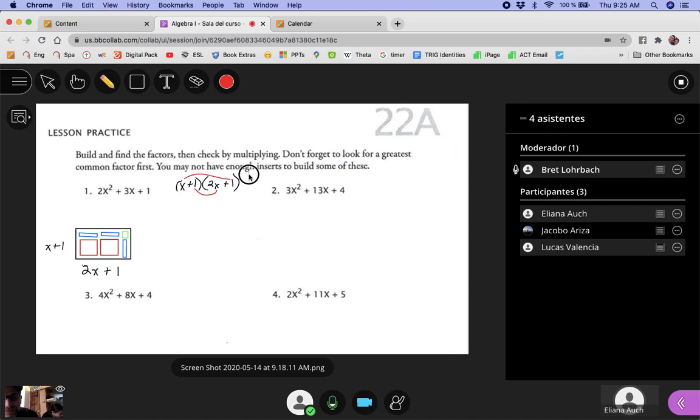X times 1 is 1x. 1 times 2x is 2x. Yes, those add up to be 3x, so we know we have factored it correctly. Okay? Questions?